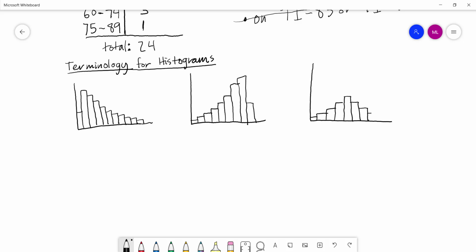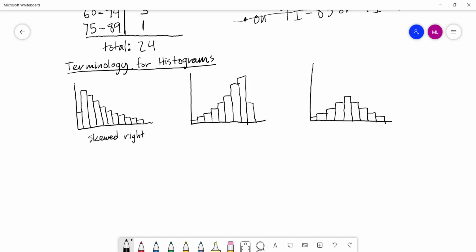Just looking at them, it's clear that these are all totally different shapes. How do we describe these? Well, this first one will be what we referred to as skewed, and the direction that it's going to be skewed is to the right.